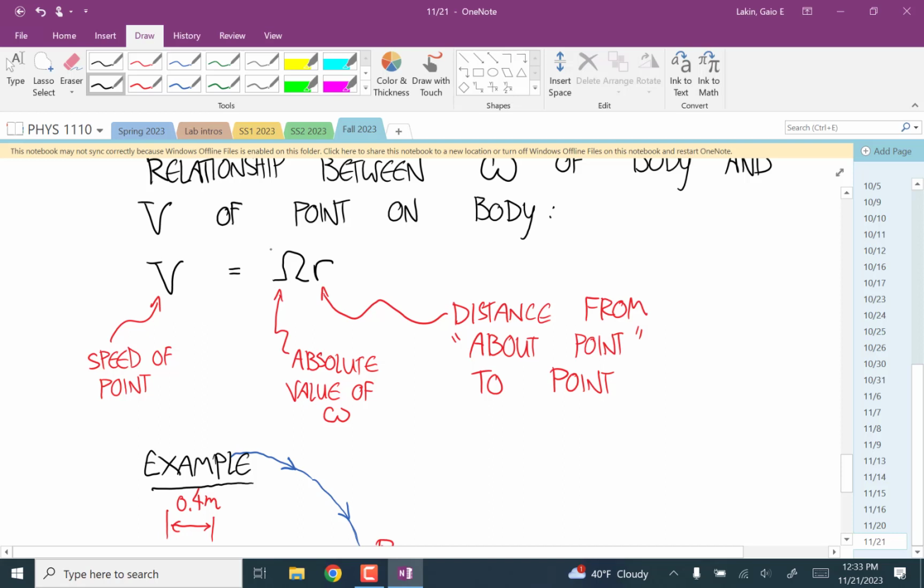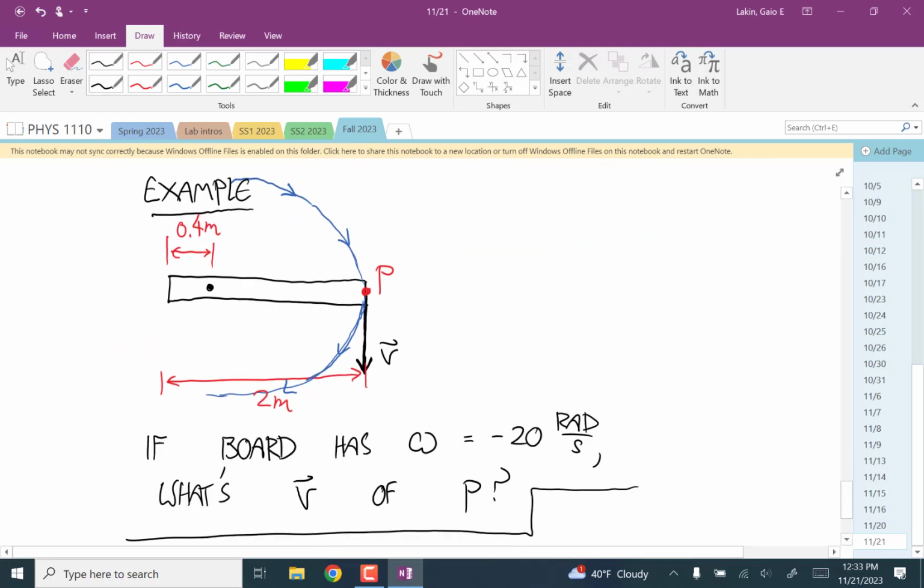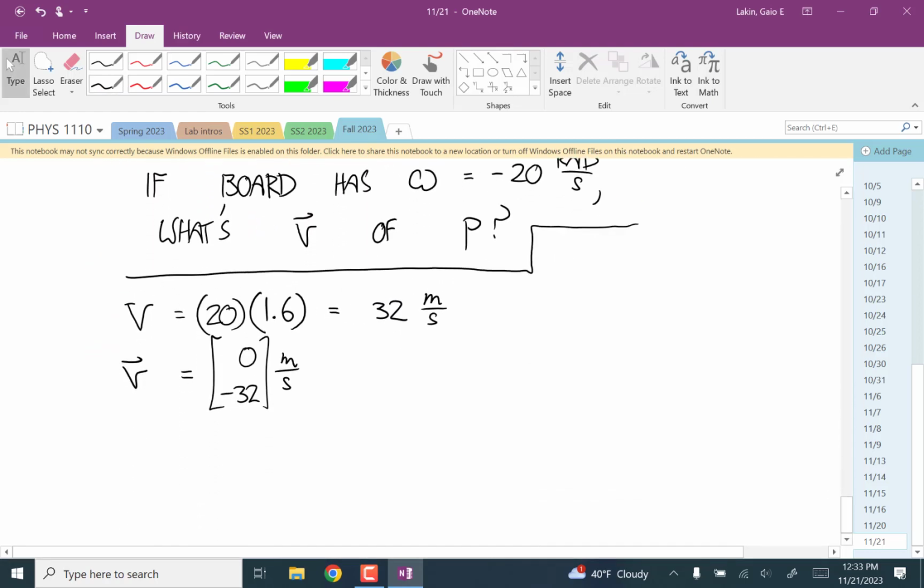And I'm going to do the same thing for the angular acceleration. So all of these capitals just mean the magnitude of the value that has a direction. Okay.